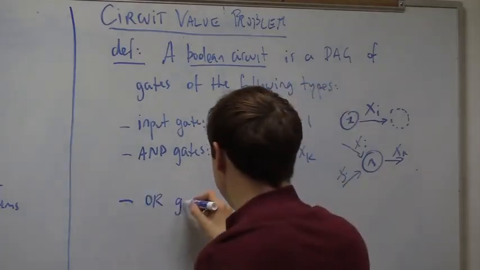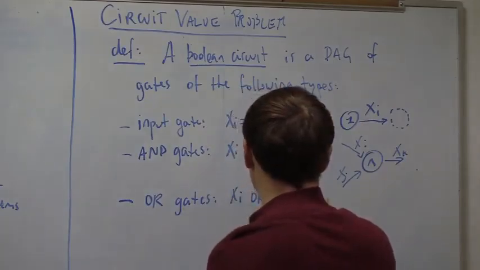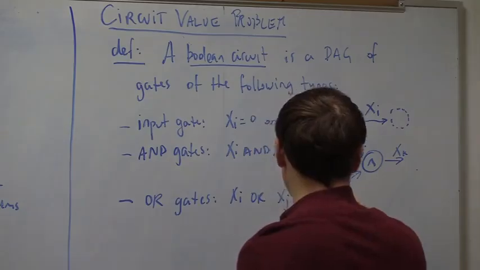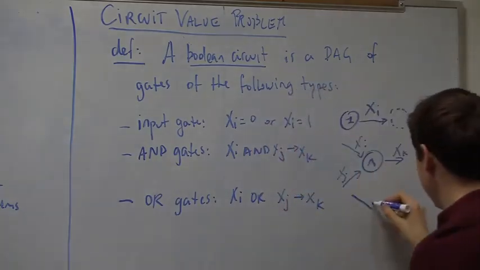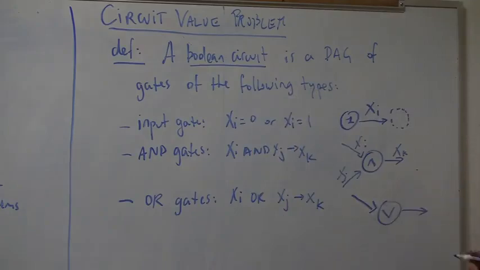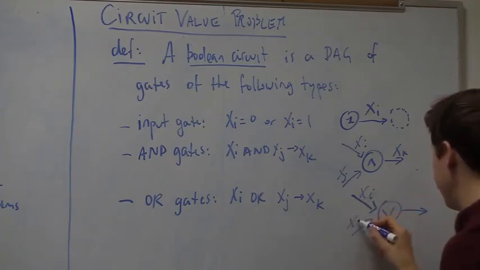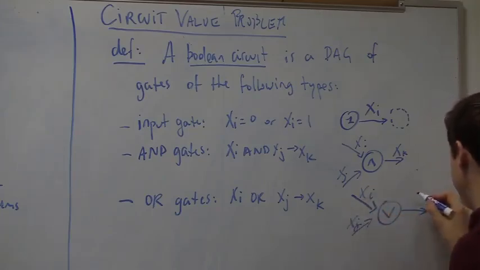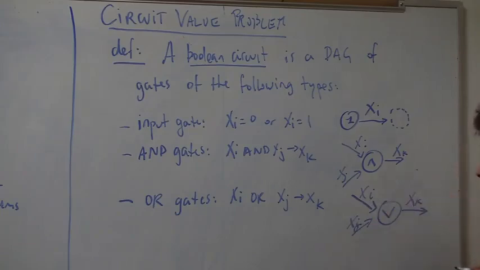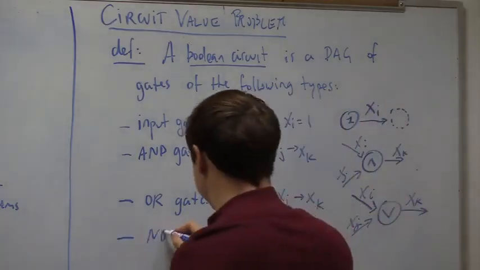You can have OR gates: xi or xj goes to xk. And again, inside the directed acyclic graph, you can imagine there is some node labeled OR, and it has the wires for xi and xj coming in, and the output wire for xk coming out. You can have NOT gates.